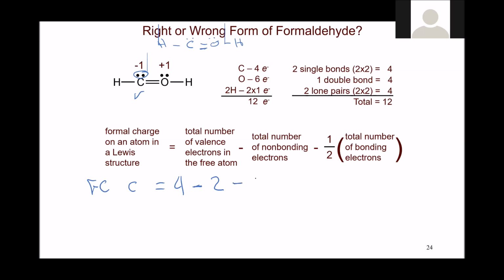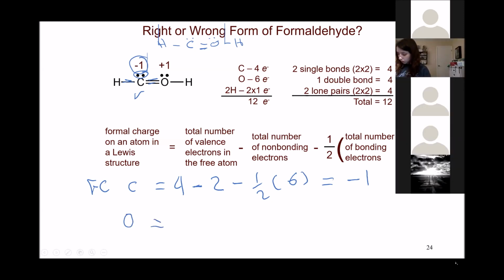Then half of the number of electrons in bonding pairs around the carbon. So you have 2 electrons here, 2 here, 2 here. So that's a total of 6. So what would be the formal charge? 4 minus 2 minus 3. So it's minus 1. So it has a minus 1 formal charge. Can someone repeat this for oxygen?